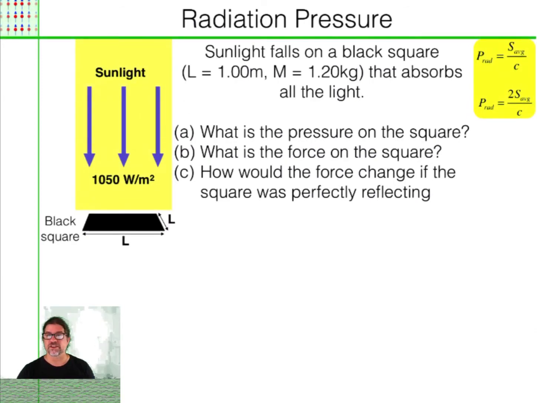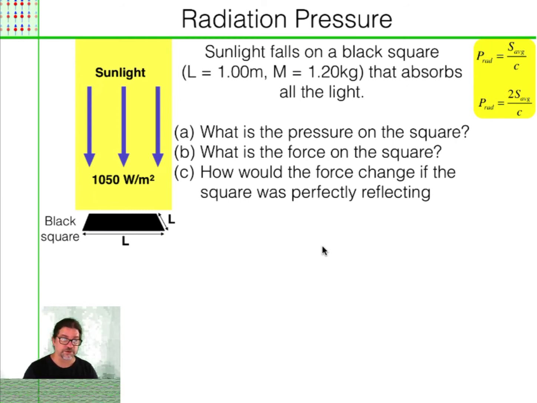So let's say, for example, we have sunlight falling on a black square. I have a black square that has a length of 1 meter and a mass of 1.2 kilograms that absorbs all the light. We can find the pressure on the square and the force on the square. So just for fun, let's do that. We're given all the information here.